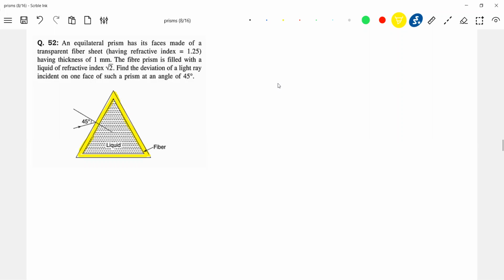The net deviation produced by the fiber sheet is 0. All the deviation is only due to the liquid. I will write this down: the deviation due to the prism plus the deviation due to the fiber sheet, this will be 0 net deviation. So all the deviation is produced only due to the prism.